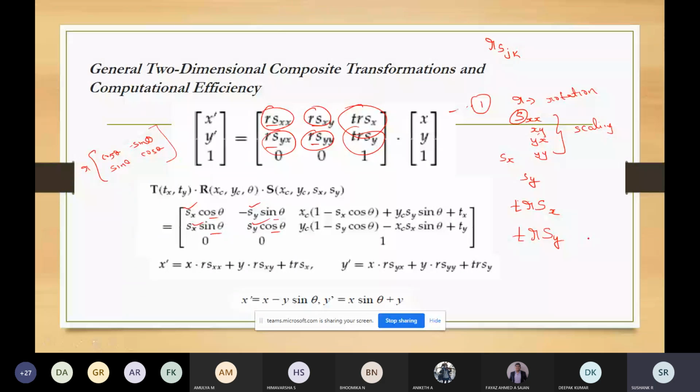These terms consist of the translation distance, rotation about a pivot point, and scaling along a fixed point. So the last two terms, TRSX and TRSY, consist of the translation term and rotation term; the translation consists of the translation distance, the pivot point value, and the fixed point value.